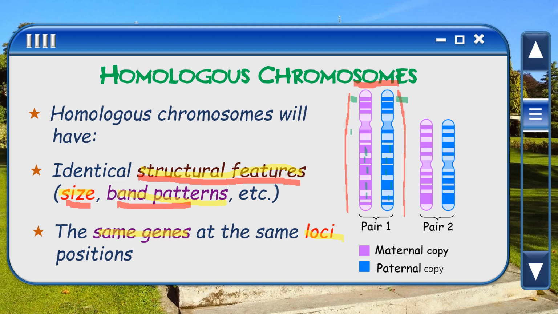If you look at this one here, it is the same as this one, positioned at the same locus, though on different chromosomes. So homologous chromosomes have genes at the same loci positions.